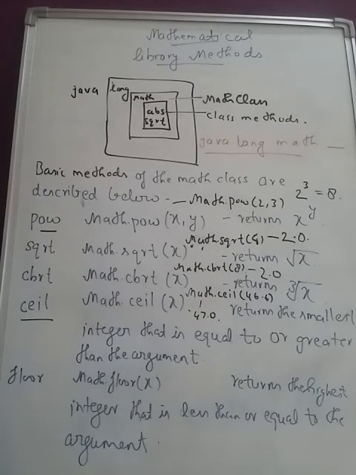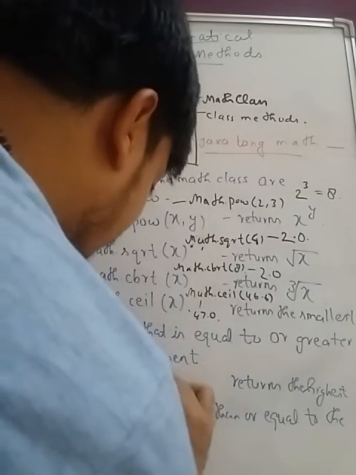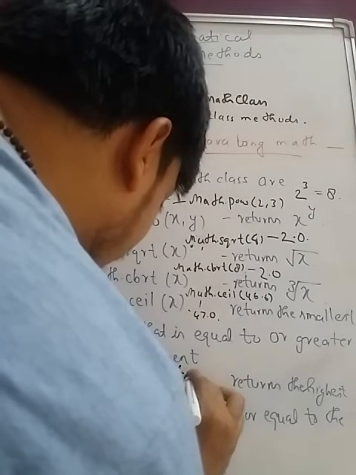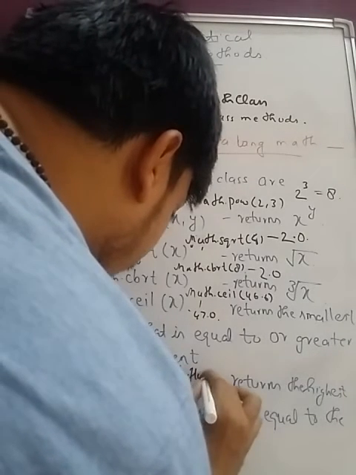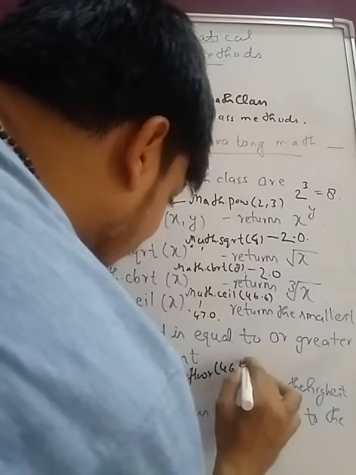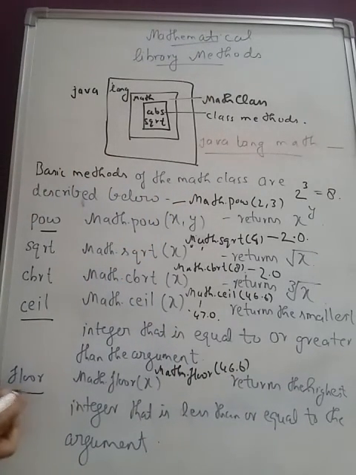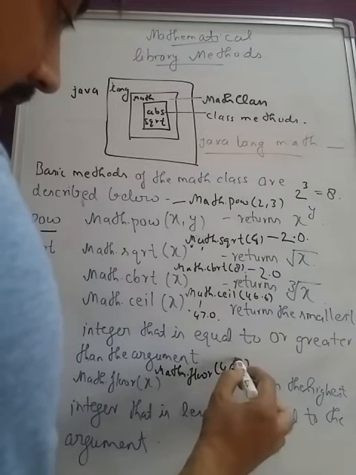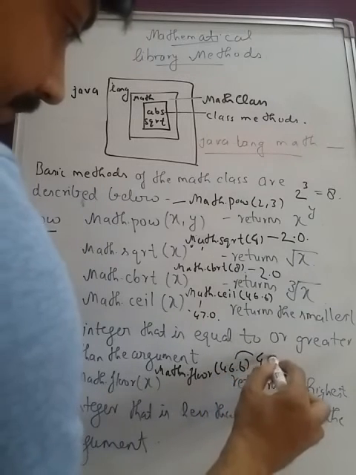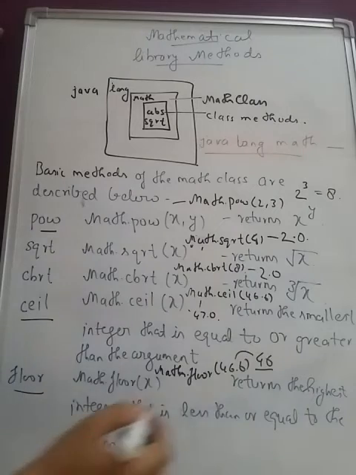Now we are discussing floor. Math.floor returns the highest integer that is less than or equal to the argument. Let's take the same example, Math.floor(46.6). If you apply floor here, you will take the value 46.